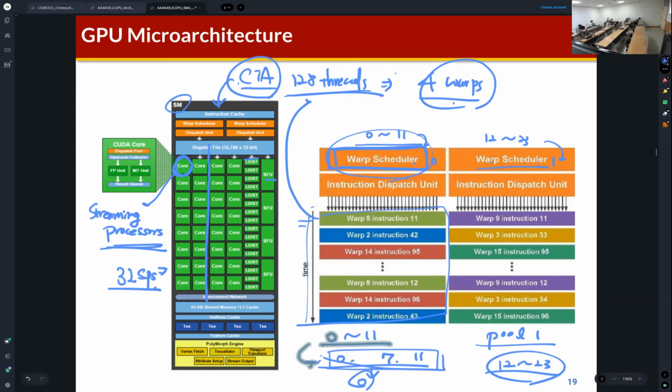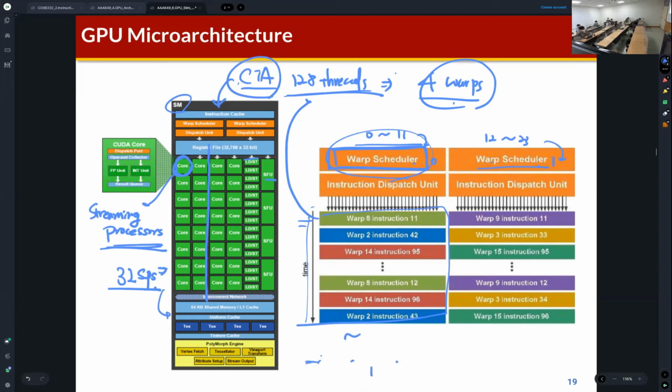And then if a warp is selected, this warp is issued to the execution unit, the SPs, the core, and this warp will execute the instruction.